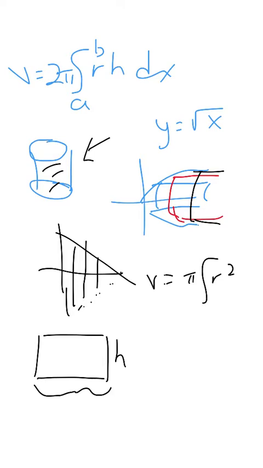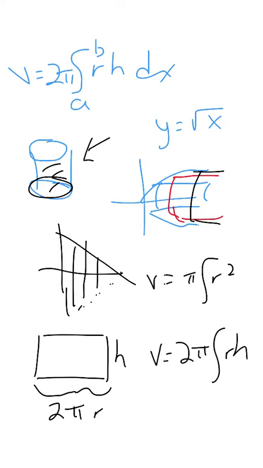That distance is the circumference of our base, so it is 2 pi r. So our volume is 2 pi times r, which is the base, times the height. That's why, and then we add up all of those areas, those super thin slices, and when we add them all up, we'll end up getting the volume.